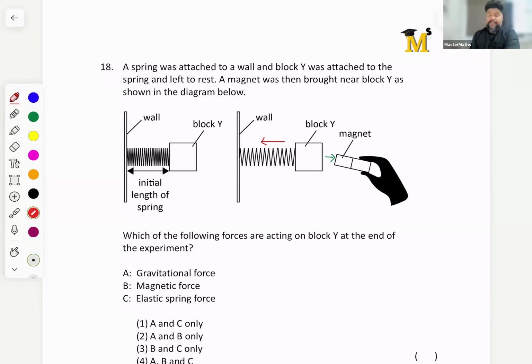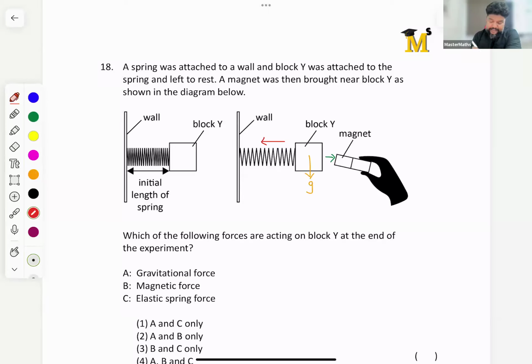There's one more force acting on this block. Do you know what it is? Where is this block? On Earth. What force acts on it on Earth? Gravitational force. Gravitational force always acts on it, right?